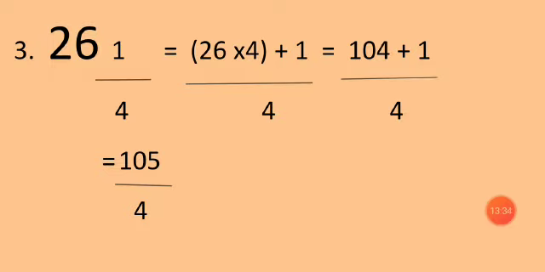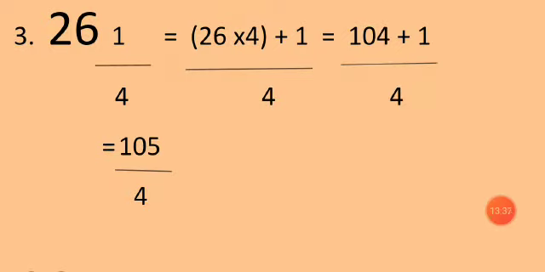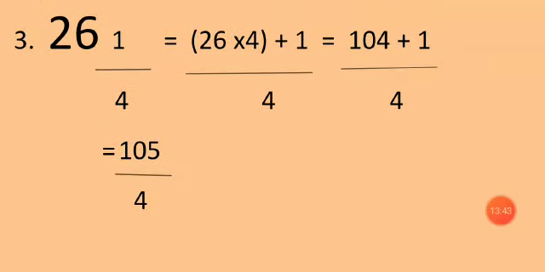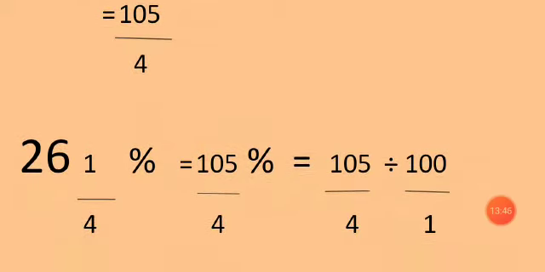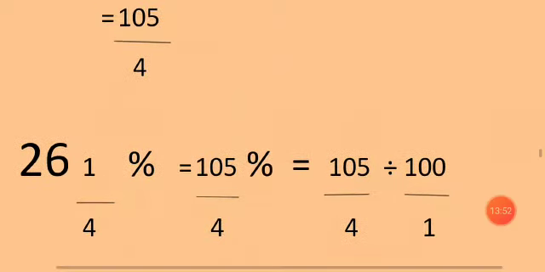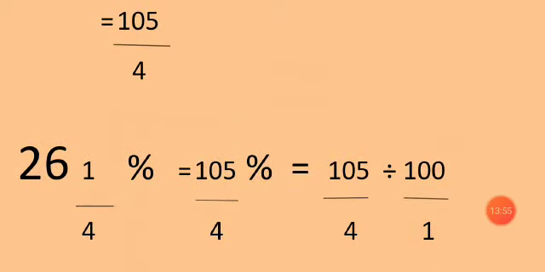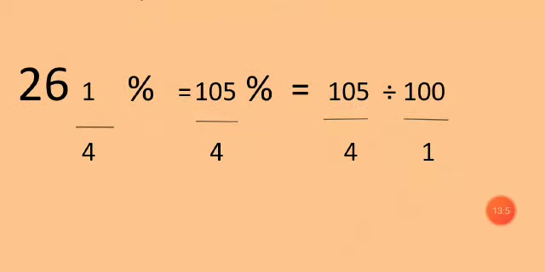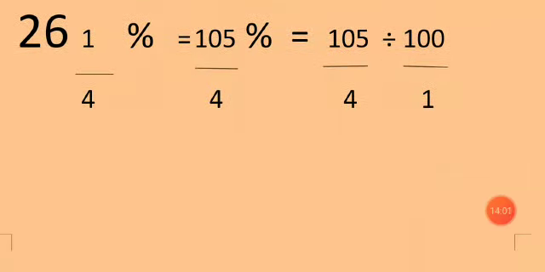So 26 whole number 1 over 4 is 26 times 4 added to 1. That gives us 105 over 4. So when I have 26 whole number 1 over 4%, that means I have 105 over 4%. 105 over 4% simply means 105 over 4 out of 100, which is 105 over 4 divided by 100.